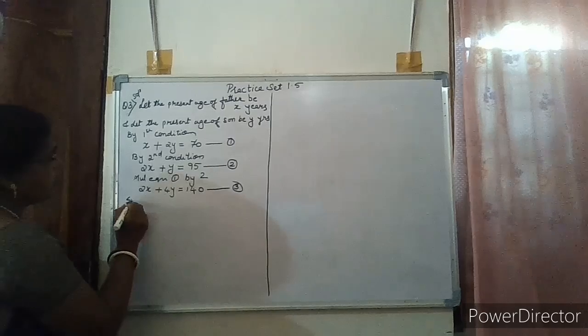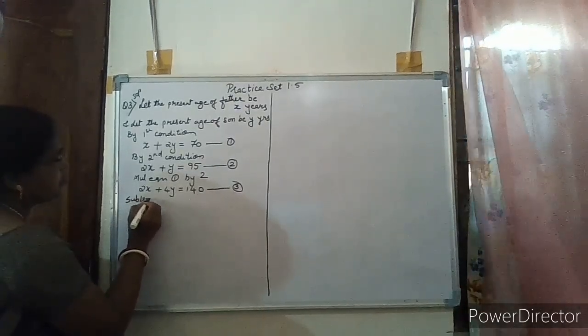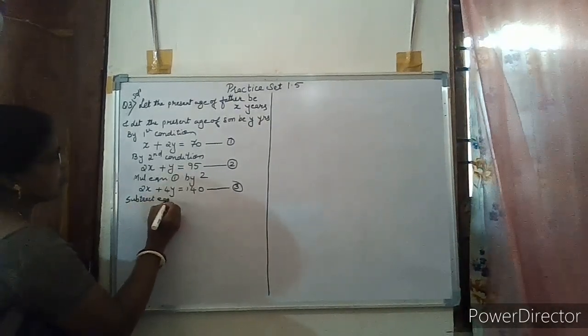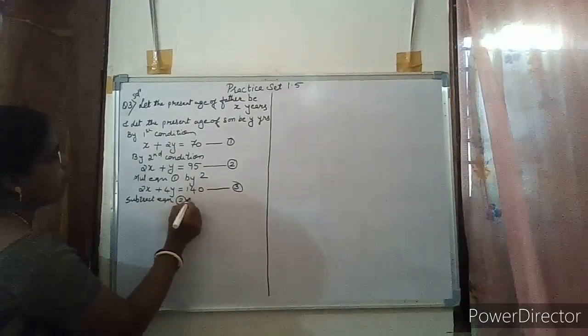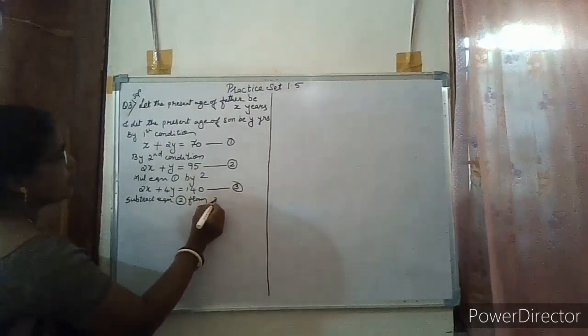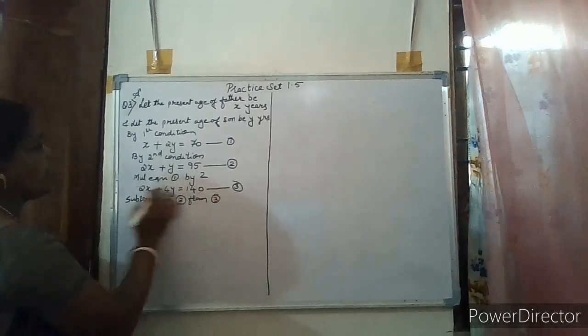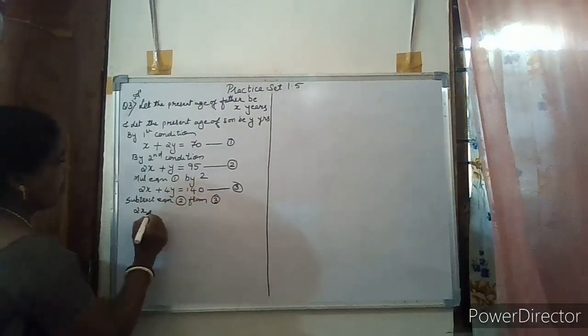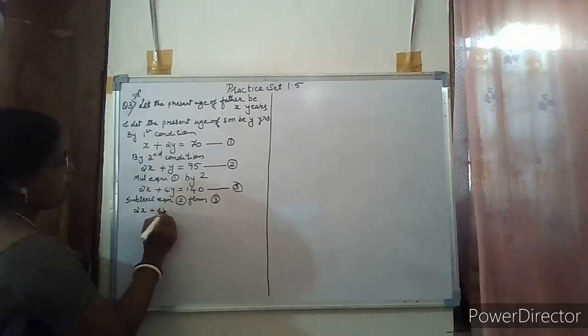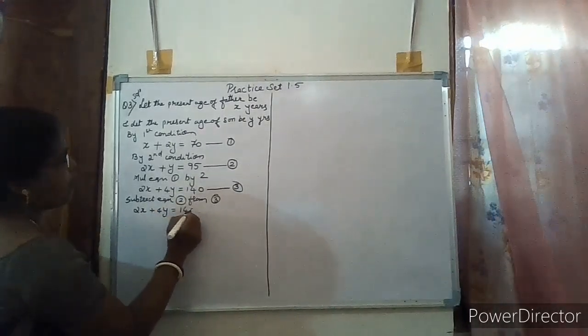So write equation 3 first: 2x plus 4y equal to 140.